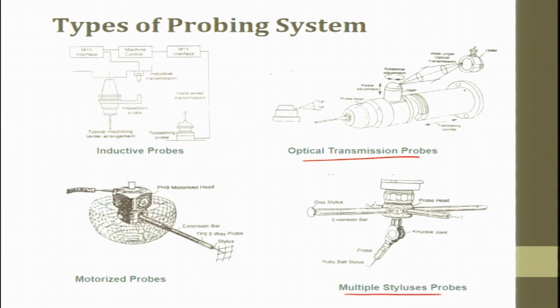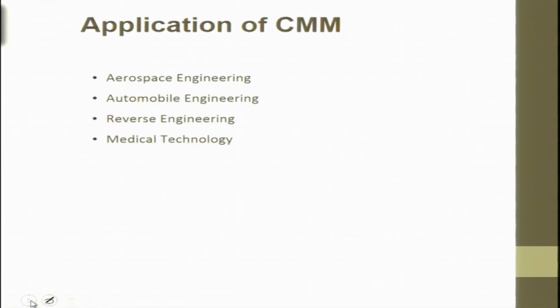Multiple stylus probes are also there. In the first three probes we had only one stylus. In the fourth, the multiple stylus probe, the system can be motorized or inductive, but we have multiple styluses: a ruby stylus, a disc stylus, and different styluses. This is the probing system.